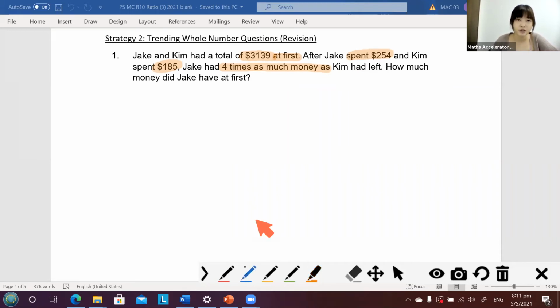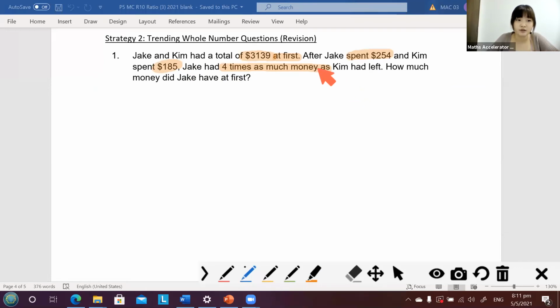Okay, so I always tell my students, if Jake had 4 times as much money as Kim had left, how many units would Jake have at the end compared to Kim? 4 times, right?